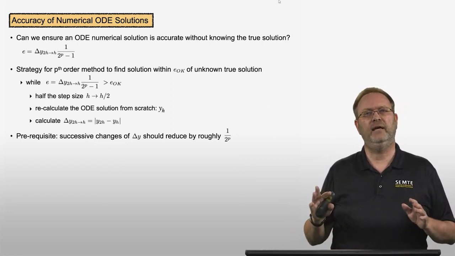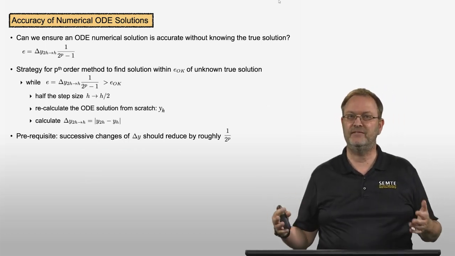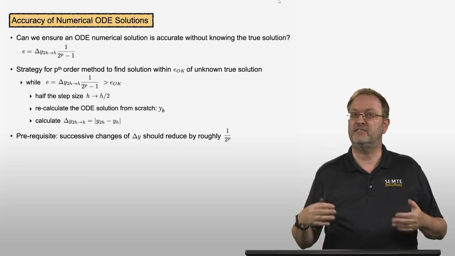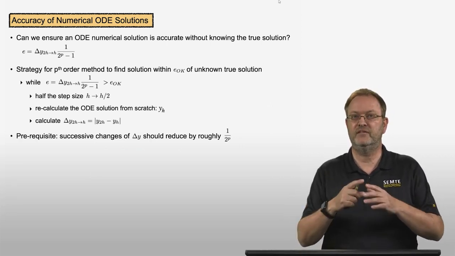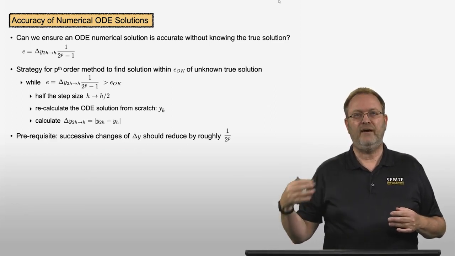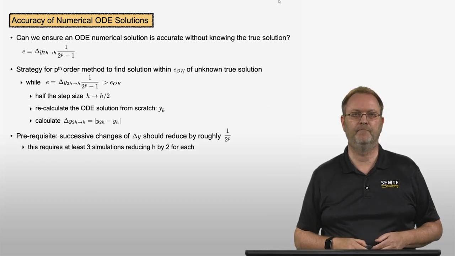Now, there is a prerequisite for this procedure to work, right? And it is inherently baked into the formula that we're using, namely that successive changes of this delta y should reduce by roughly 1 divided by 2 to the power p.